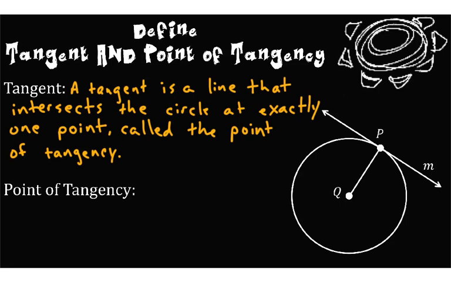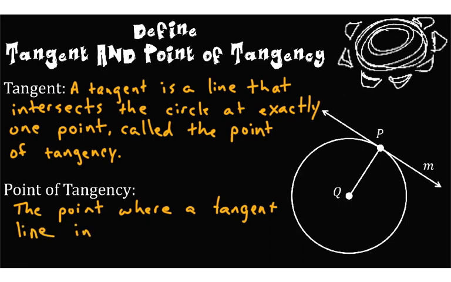And the point of tangency is the point where a tangent line intersects a circle.